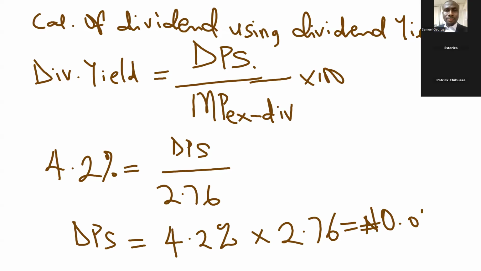Good. So you are still getting the same thing; it's just because you did not divide that 4.2 by 100. Okay, so this is the dividend.